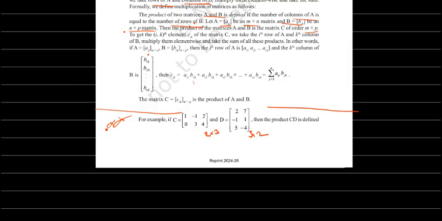The number of columns and the number of rows are equal, so you can find C into D. One more thing: when you are finding this matrix, this 3 and this 3 get eliminated, and the resultant matrix you will get is a 2 into 2 matrix.